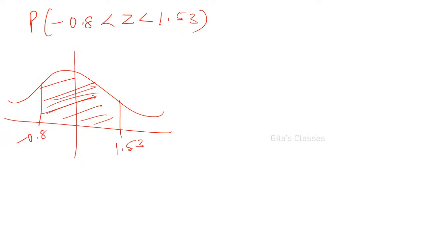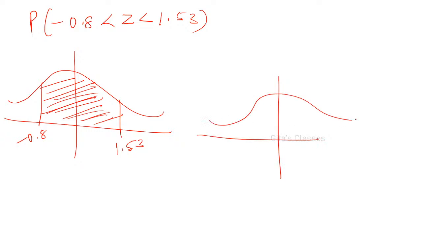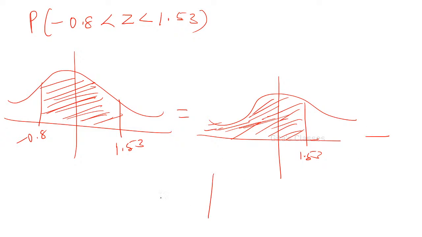From minus infinity to 1.53 you can find out using P. The entire area you can find out. What we have found extra here, up to minus 0.8, that should be subtracted.